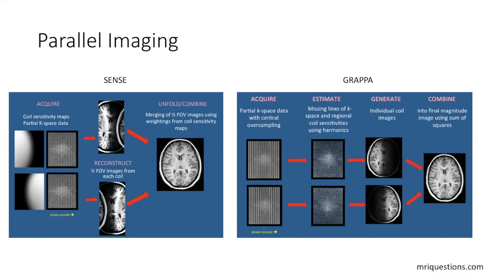But with parallel imaging reconstruction, which 2 of them I showed here, SENSE reconstruction and GRAPPA reconstruction, you can use the sensitivity maps from each of the receive coils that are present. Use that information along with the images from each coil, and then combine them in a particular way in order to recover our unaliased final image.